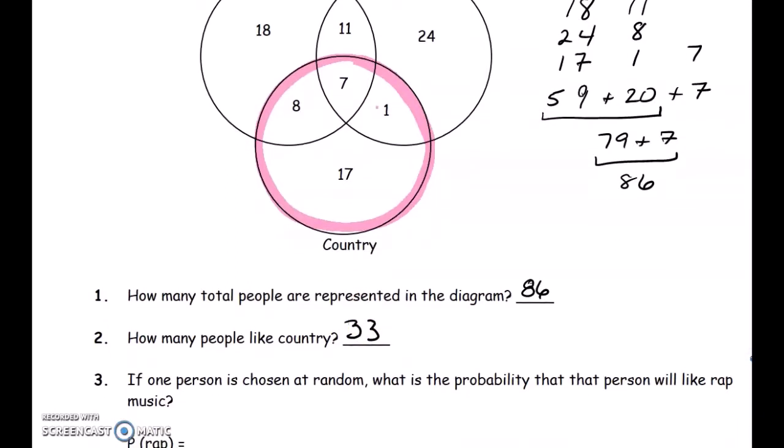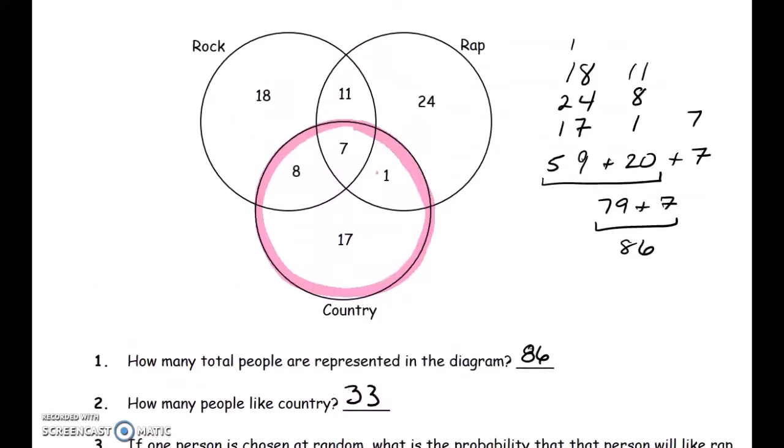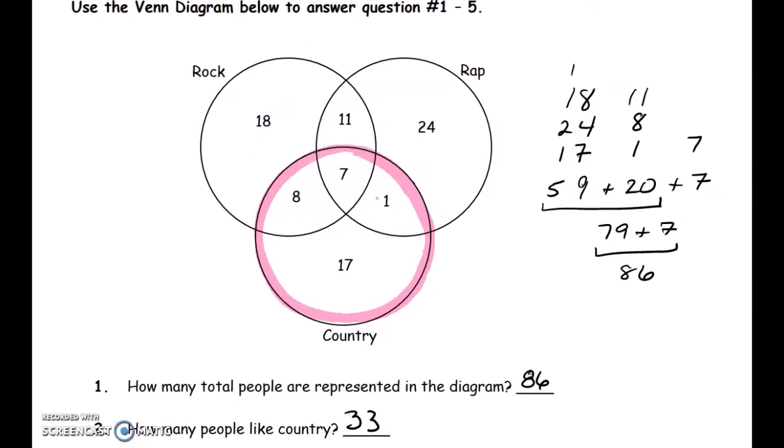If one person is chosen at random, what's the probability that that person will like rap music? Well, all of the people that like rap music are in this circle. So I have to add up all of these numbers. That's 18, 19, and 24 would be 43.